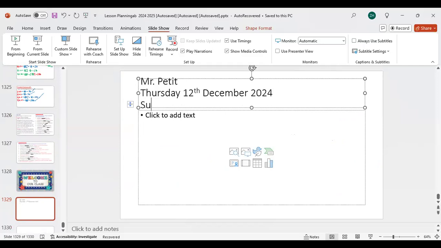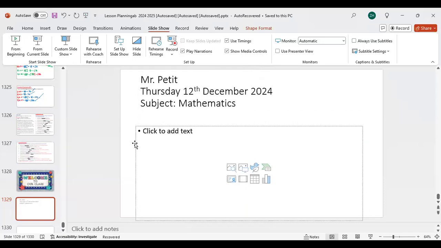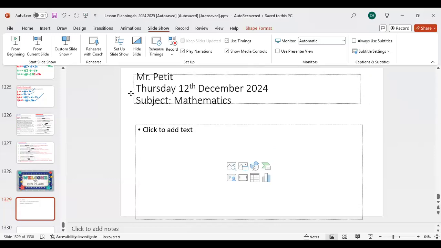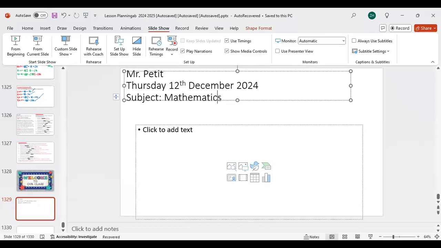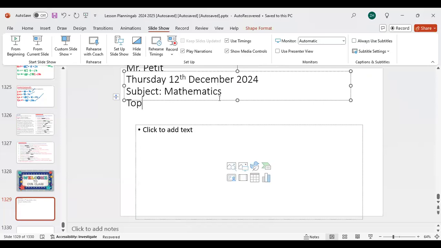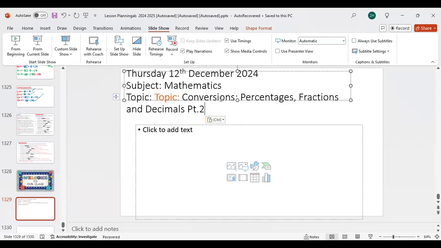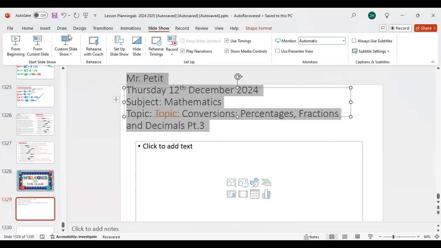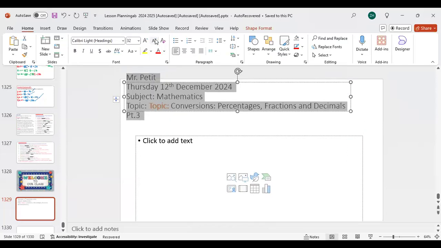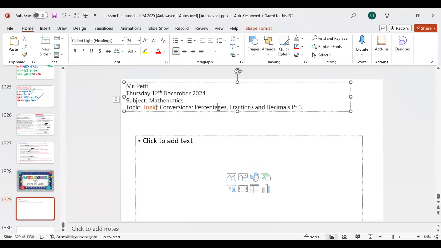The subject is, of course, mathematics, and the topic is conversions, but this is part 3.